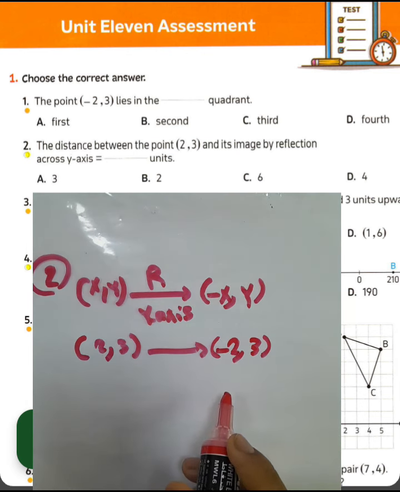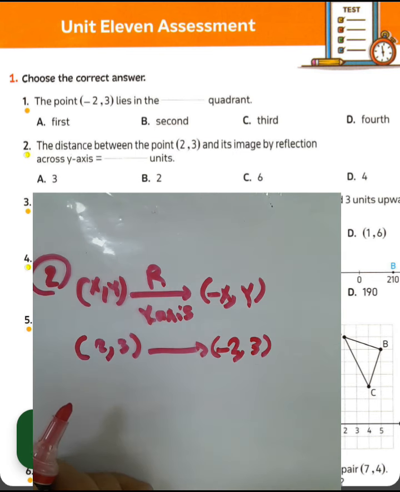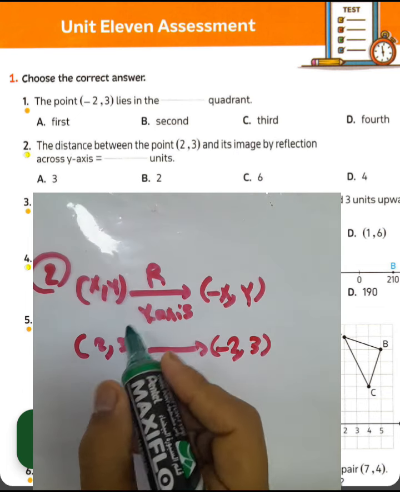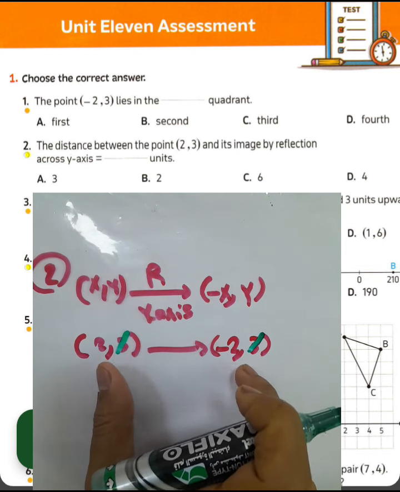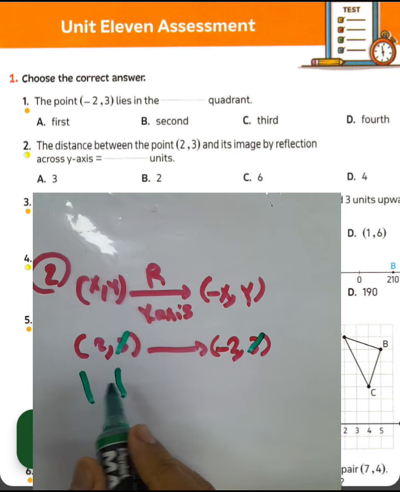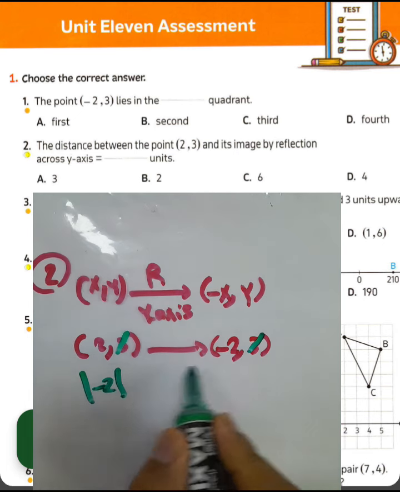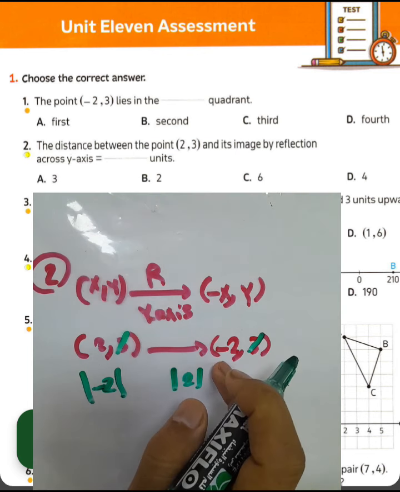Now we want to find the distance between the two points. To find the distance, you cancel the common number between them, which was 3. Then take the first projections, -2 and 2.